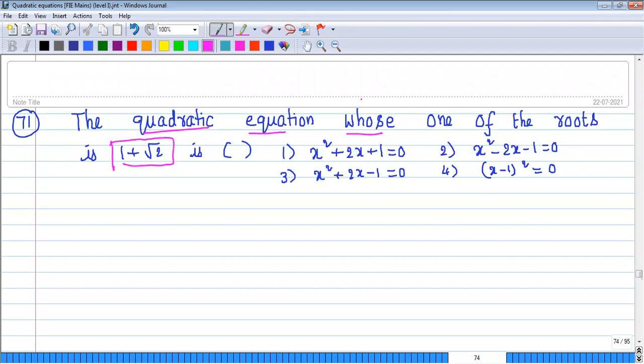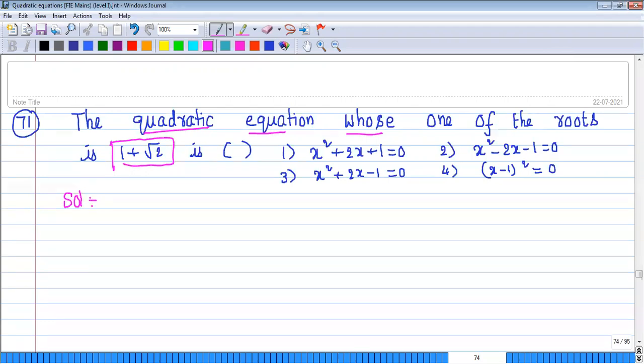You remember, provided that the coefficients of the quadratic equation are real or rational, if one of the roots is in the form of a plus root b, the other root will be its conjugate. So the conjugate obviously becomes 1 minus root 2. Or root 2 plus 1 means you can say root 2 minus 1 also, no problem.